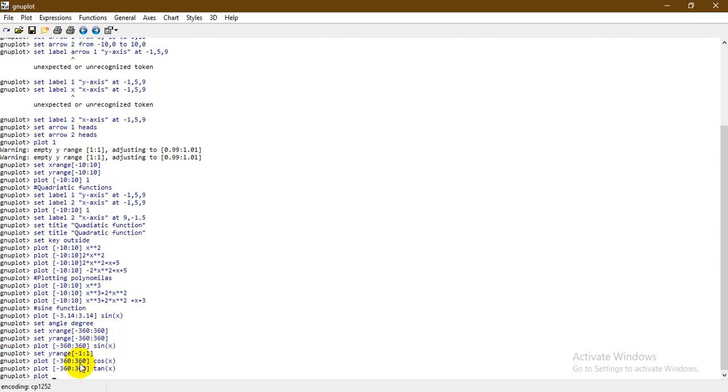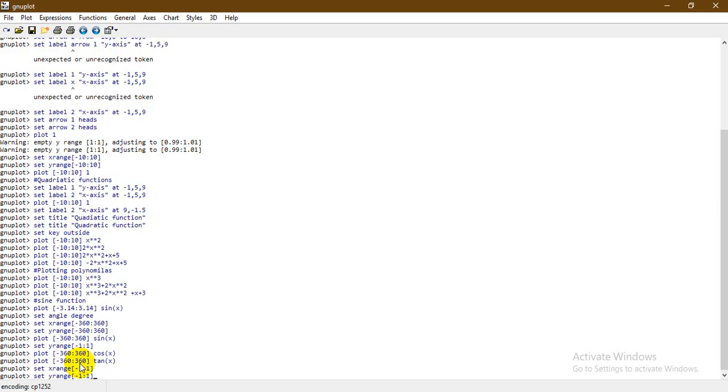Now I first need to go here and set another x and y range. So the x range in this case will be from -1 to 1, and the y range will be from -360 to 360 degrees.